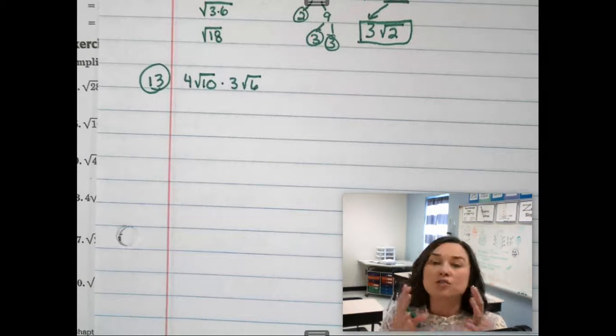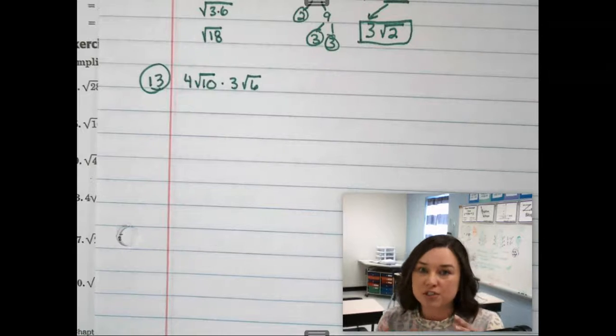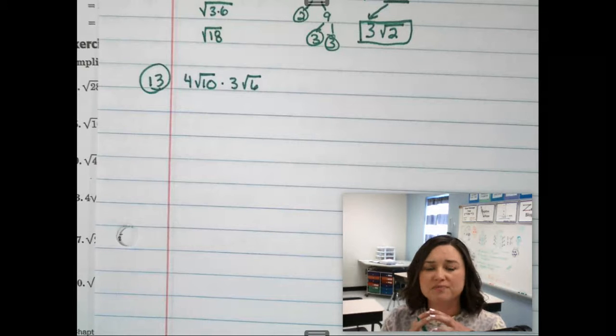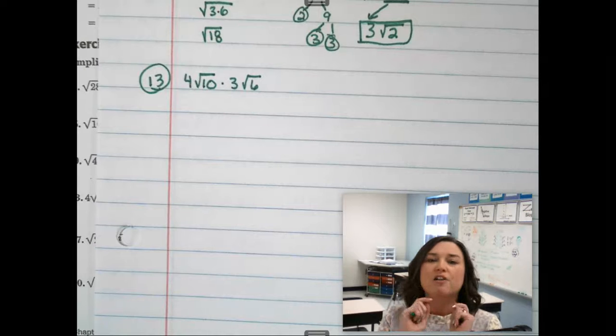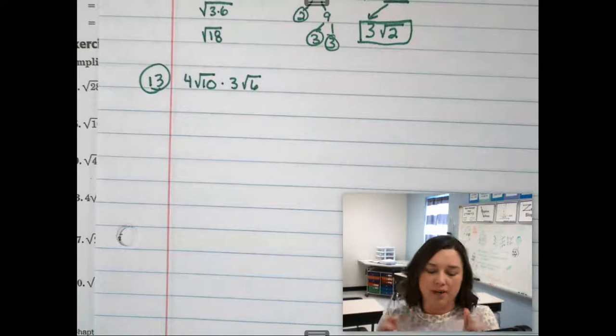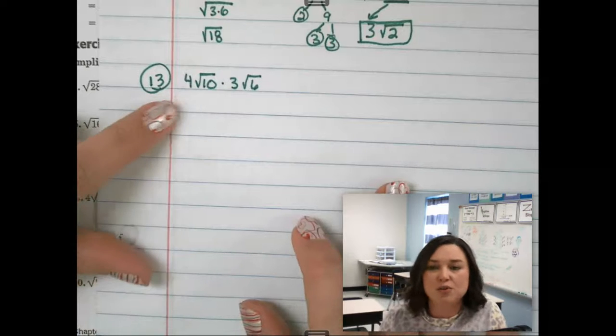So a long time ago, probably in elementary school, but I know it was mentioned in 6th grade for you, you learned something called the commutative property of multiplication. What the commutative property says, if two things are multiplied, the order does not matter. For instance, 2 times 3 is the same thing as 3 times 2. You can switch the order around. So we can switch the order in this around.